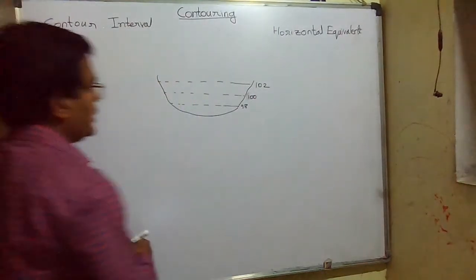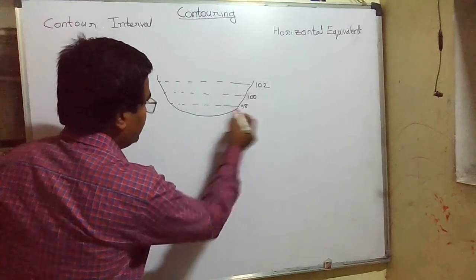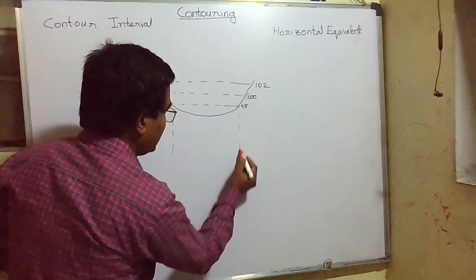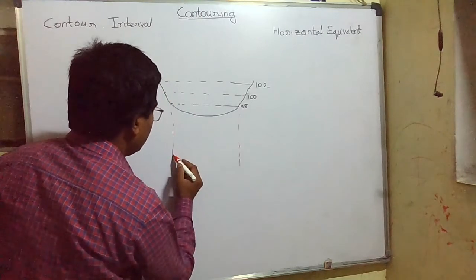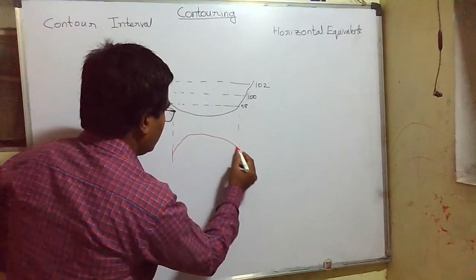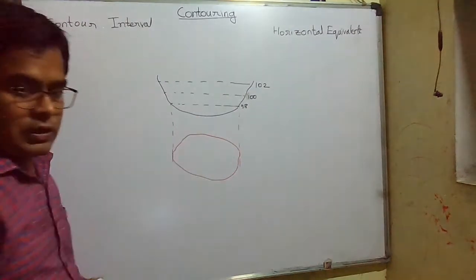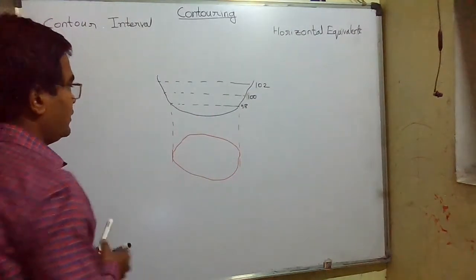And in plan, this will look like this. Maybe the line for RL 98 representing.